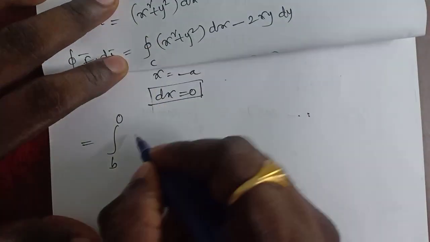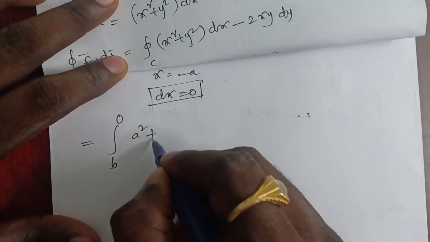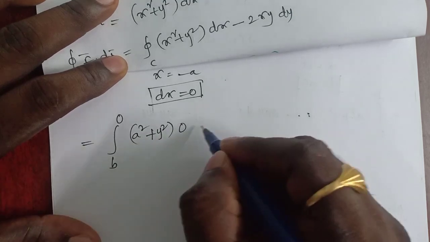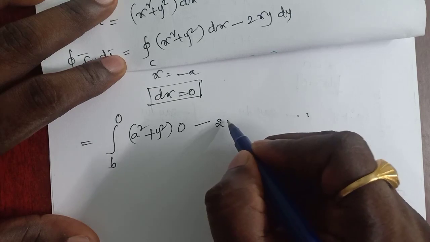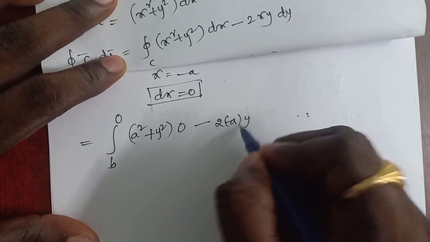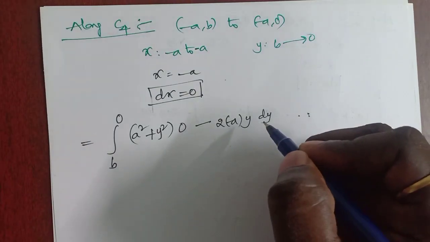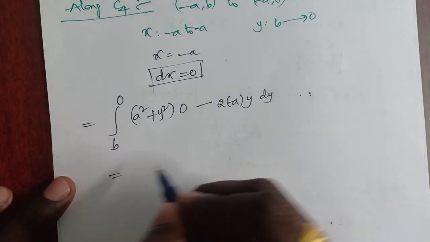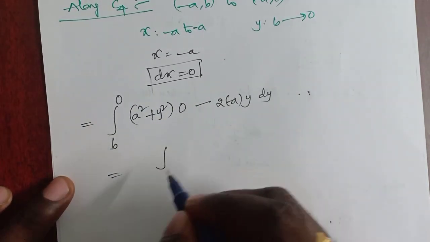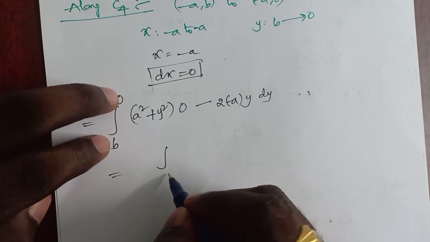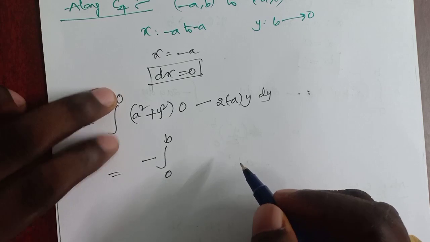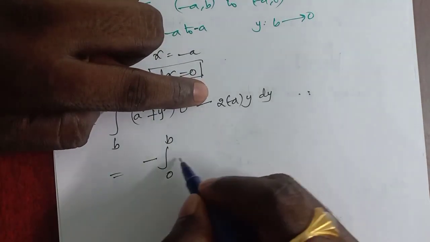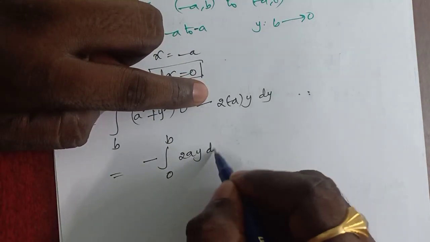So substitute minus A here, which gives A square plus Y square into 0 minus 2 minus A Y dy. So minus and minus gets plus, so it is 0. So we need to interchange the boundaries from 0 to b, and then we get minus, and here minus and minus plus, so 2a y dy.